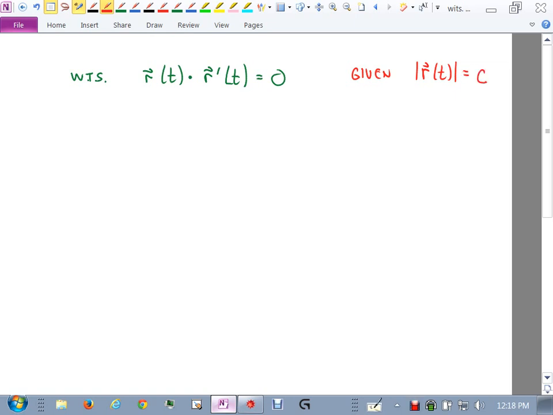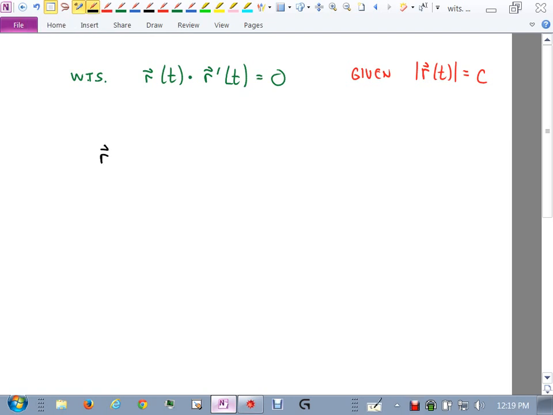All right, so check this out. The way mathematicians work with things like this is they try to figure out anything they can that will help them get to this. So I want to see if you recall this from earlier.